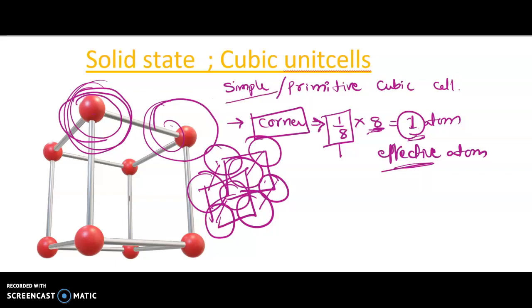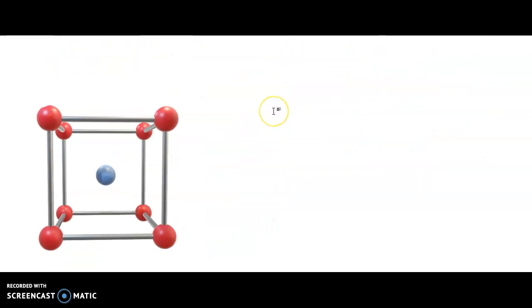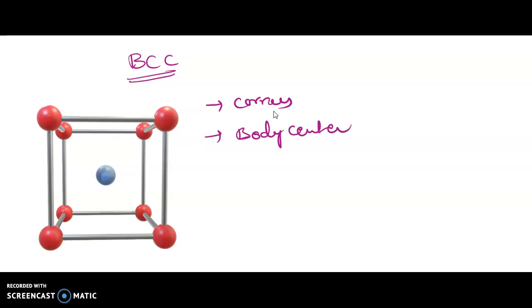The next one is body centered cube. Body centered cube is also simply called BCC. So here in BCC, atoms are present at corners and at body center. Atoms or ions, whatever, we call them lattice points.